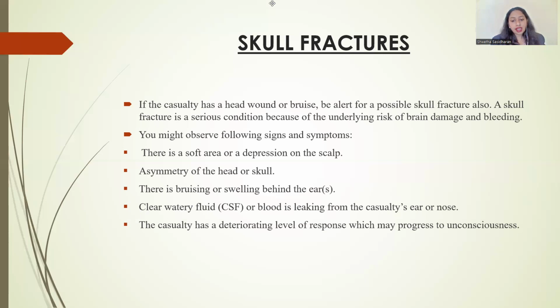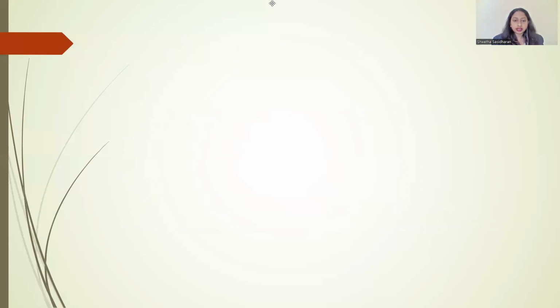The casualty will have a deteriorating level of response and consciousness. First they will be very much alert, and next they will have a loss of consciousness, or they can be confused, or in delirium, or in stupor. These are the different alterations in the consciousness level.